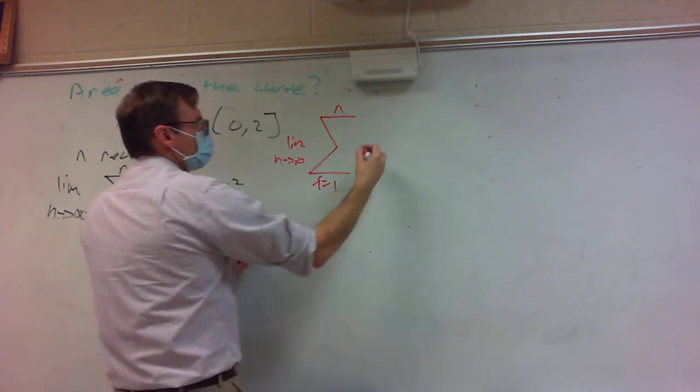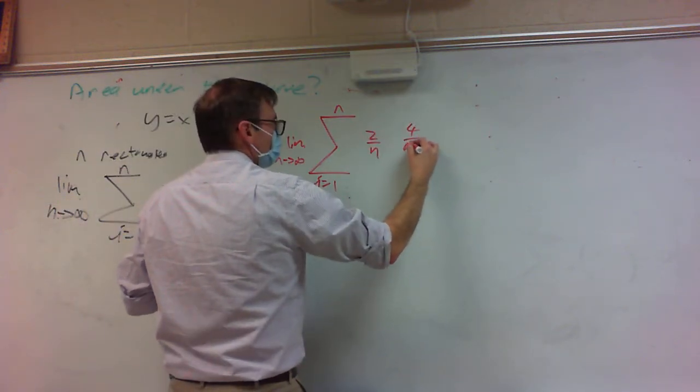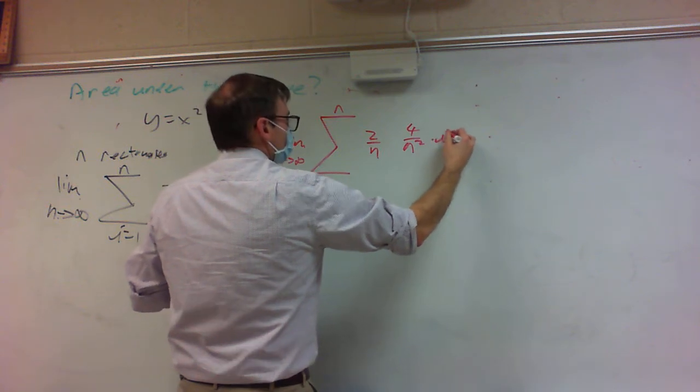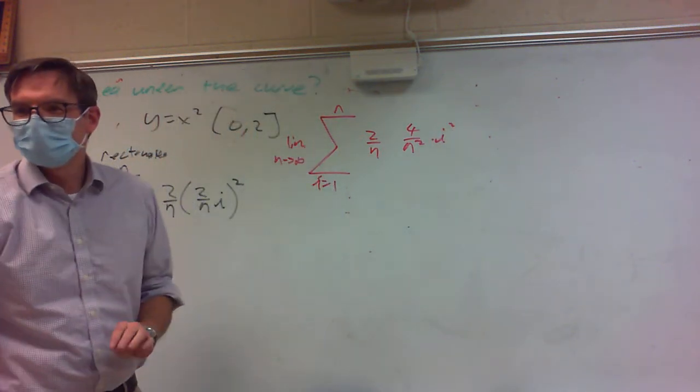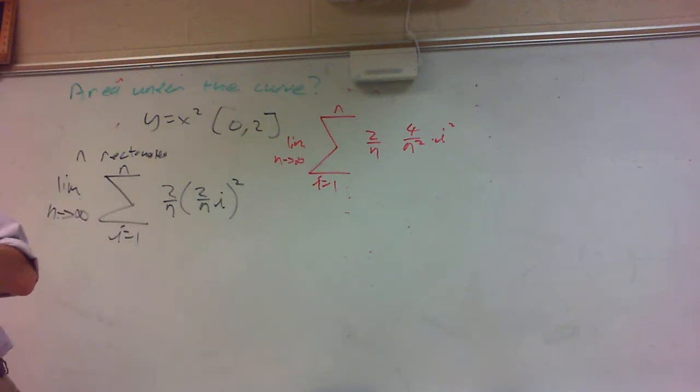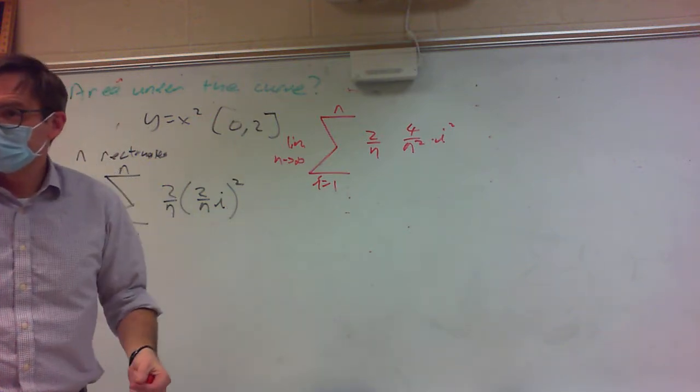I'll square this, so I end up with 2 over n times 4 over n squared times I squared. Now you haven't done many of these, so I'm going to do this, and don't worry, you're not going to have to do any of these either. I just need to do this one, right?